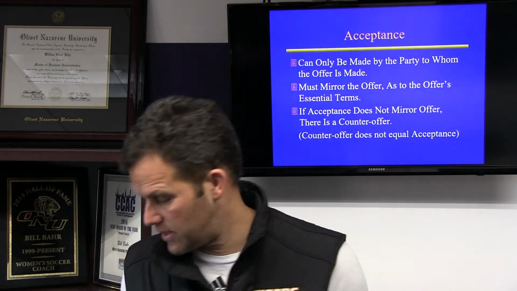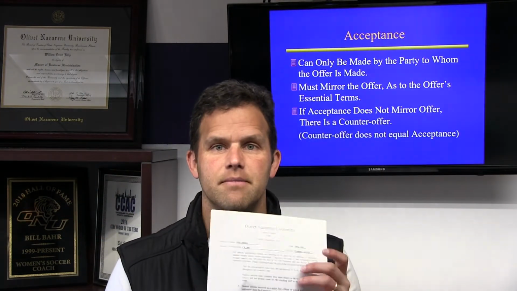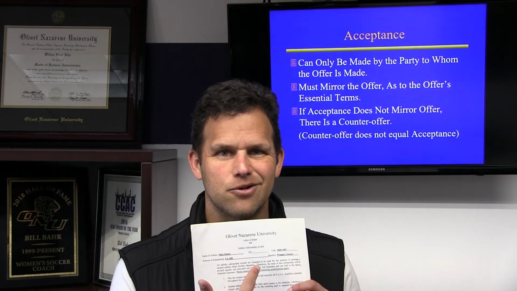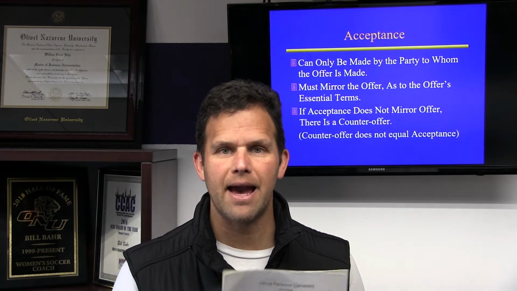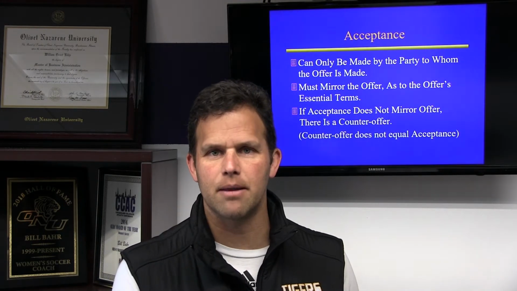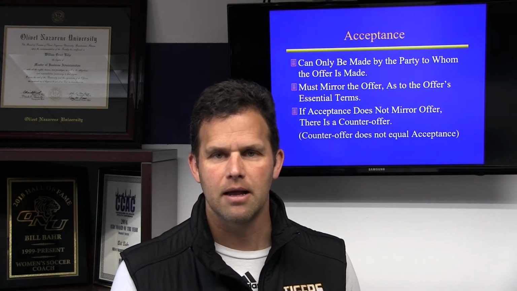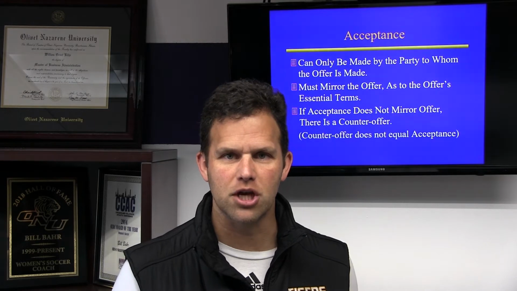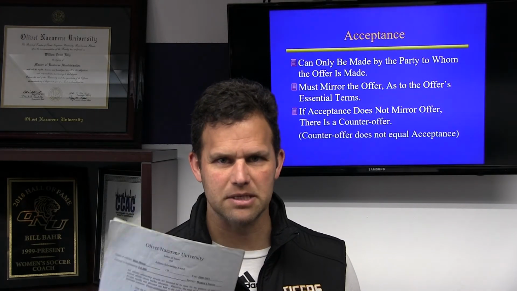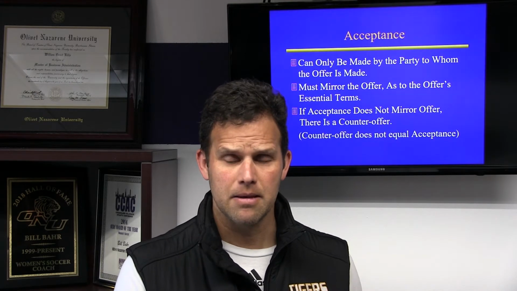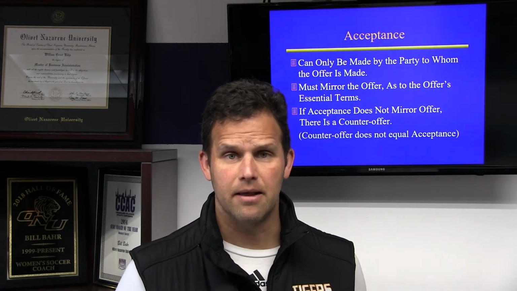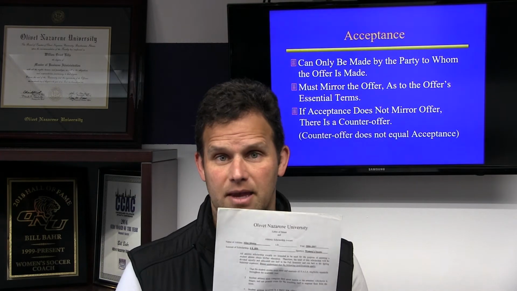So let's say in the case of Minnie Mouse, I offered her $8,000 to play soccer. She can't write back on here and scratch it out and present a different offer. That would have been done through the negotiation process, not through the acceptance process. Now, obviously, if there's an error in the contract, she might mark that and send it back, but she's not signed that contract then.